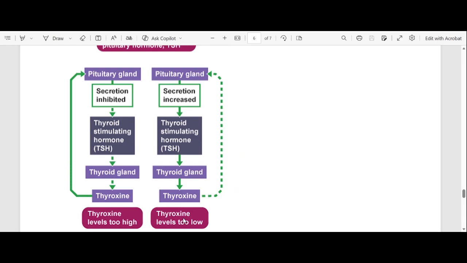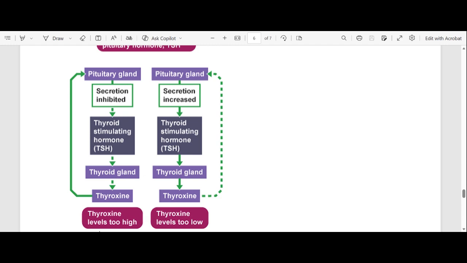What happens when thyroxine levels are too low? The pituitary gland will increase the secretion of thyroid stimulating hormone. And the TSH will go to the thyroid gland, and the thyroid gland will be stimulated to secrete more thyroxine. Then your thyroxine level will increase back to normal.